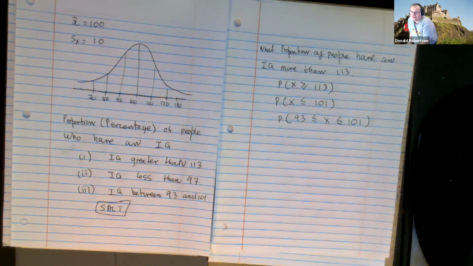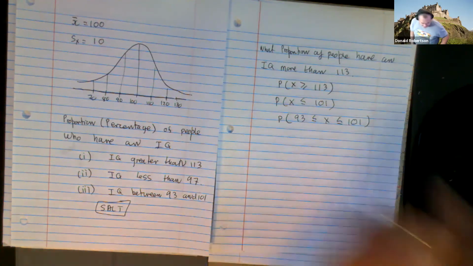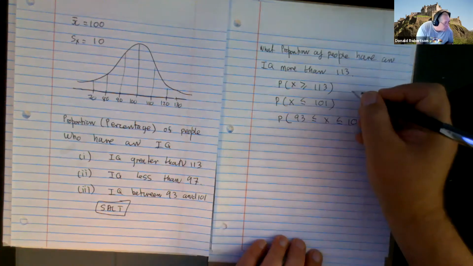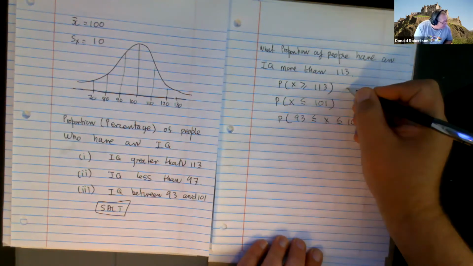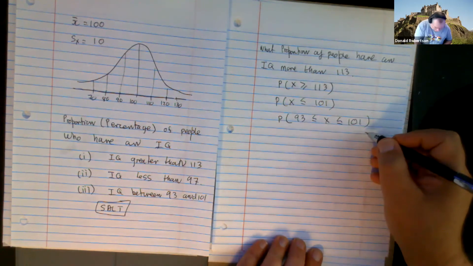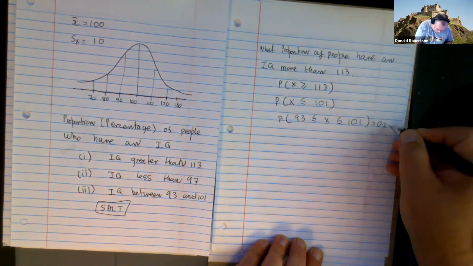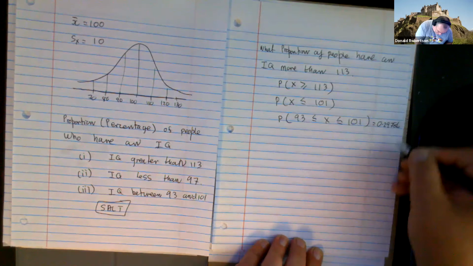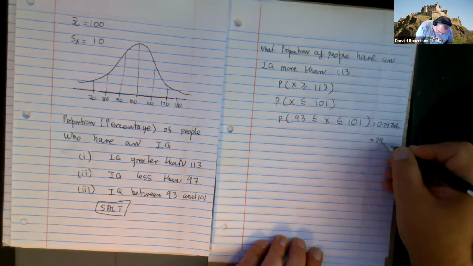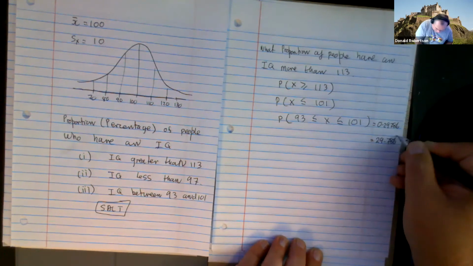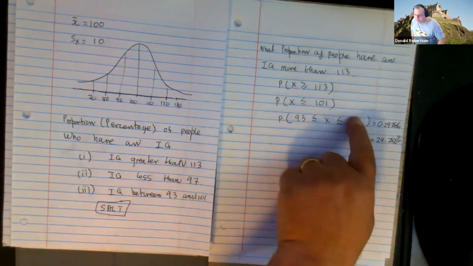Now, if the question says percentage, you can use the same number, but I've forgotten what my answer was. So can we pretend, oh, I do know the answer, that this one as a proportion was 0.29786. But if the question said percentage, wouldn't we write the same thing down, but just write that?